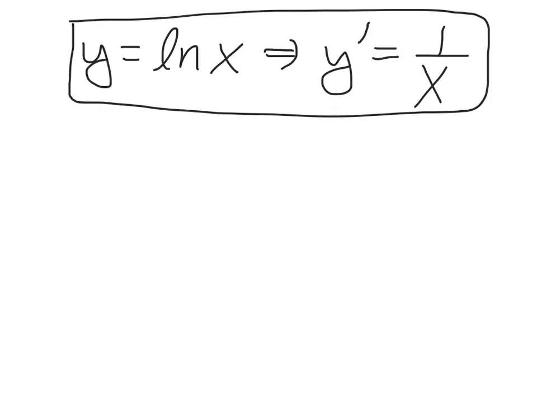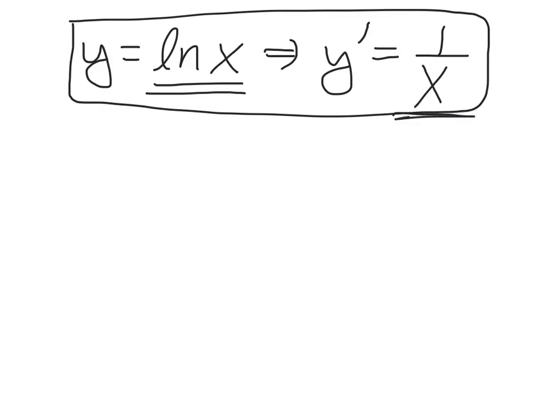Now, before we look at the exponential function, 2 to the x or even e to the x, let's look at the log function of a different base. Now, in this one, natural log of x, we're using log base e, which turns out to be very nice to work with in calculus.